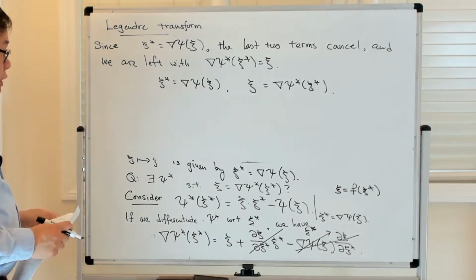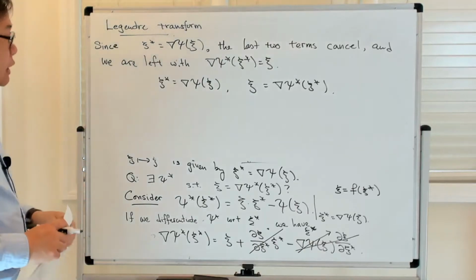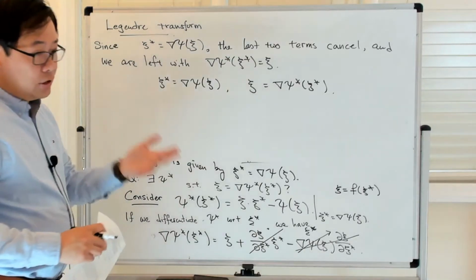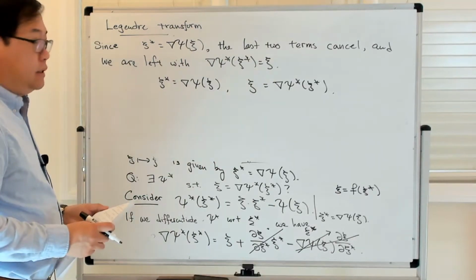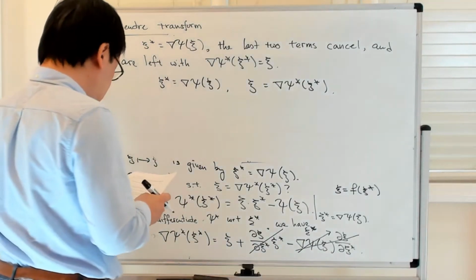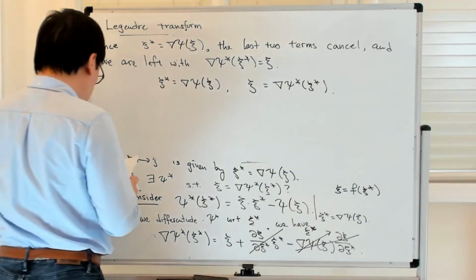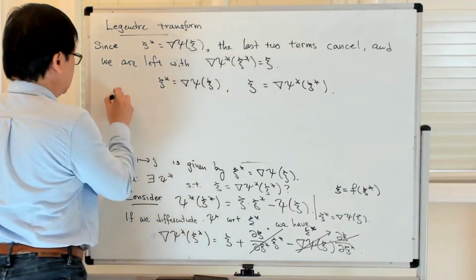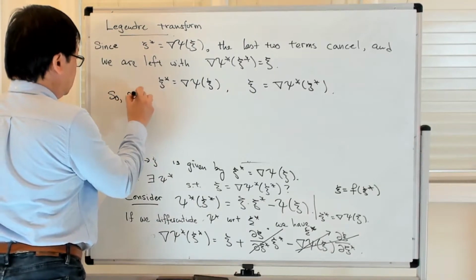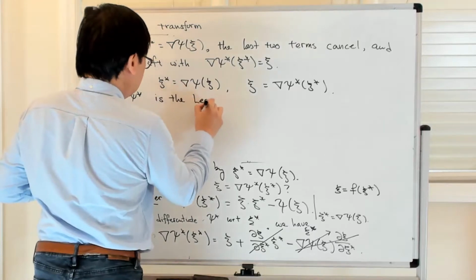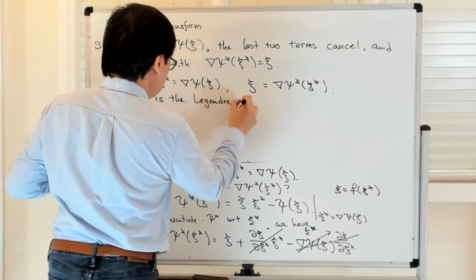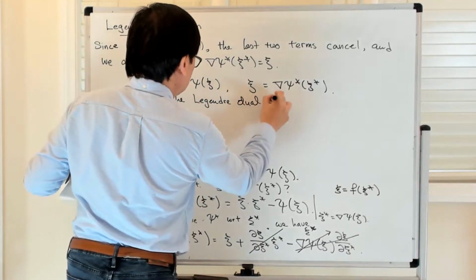We wanted some notion of a dual of the convex function, whose Legendre transform gives you that inverse map between c and c star. So psi star is the Legendre dual of psi.